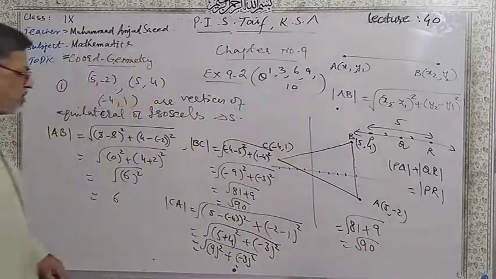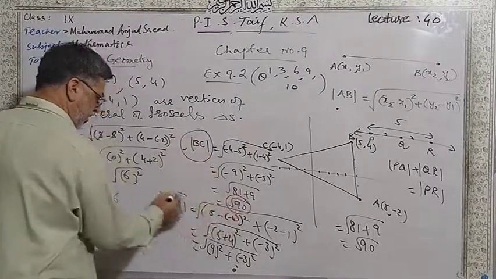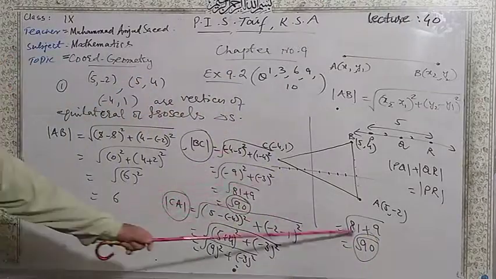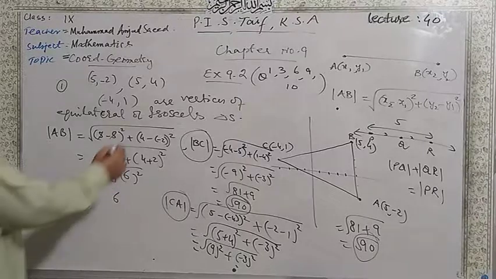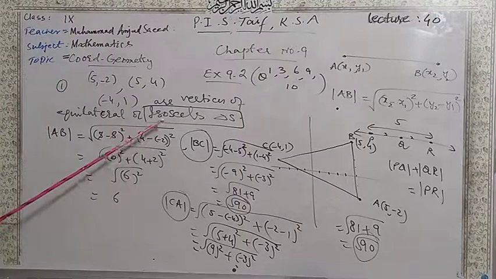Dear students, you can check. |BC| is equal to 90 under root. |CA| is equal to 90 under root. Two sides are equal and the third is different. So what do you suggest? Your given data is an isosceles triangle.